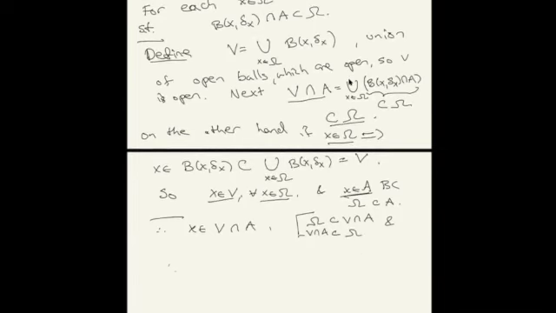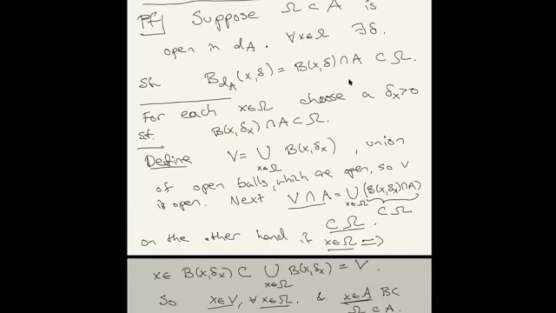From these, we can conclude that omega is equal to V intersect A.